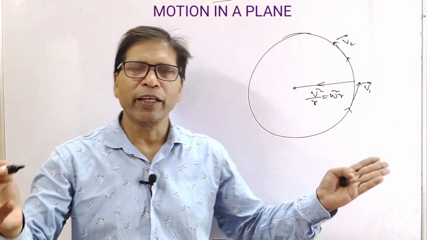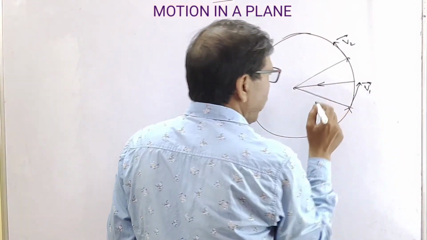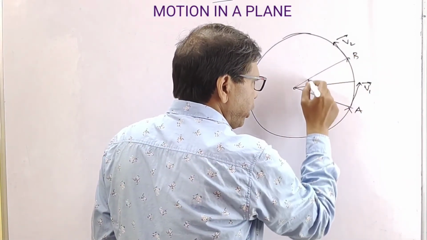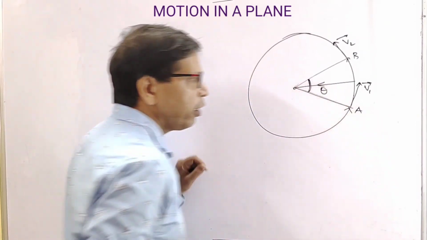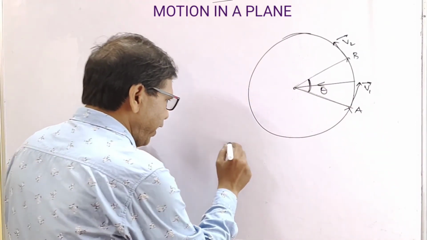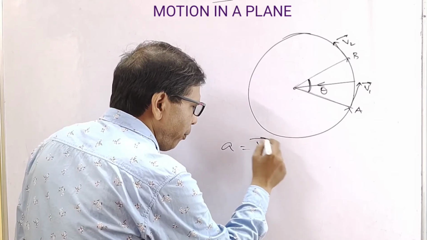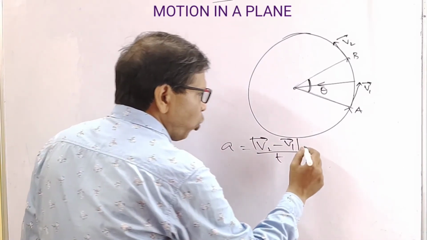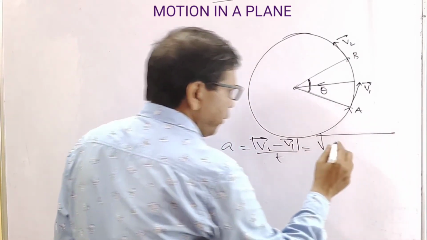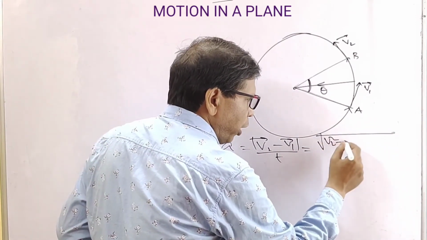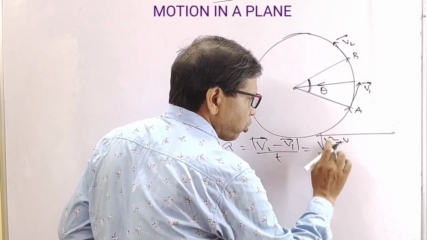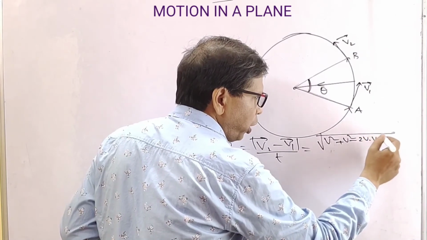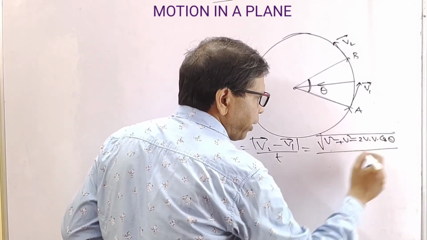Now we have to derive this acceleration. Suppose positions A and B, and this angle is a very small angle theta. So acceleration A equals the magnitude of change of velocity divided by time. Now what is the magnitude of change of velocity? It is root under of v square plus v square minus 2v square cos theta, divided by time t.